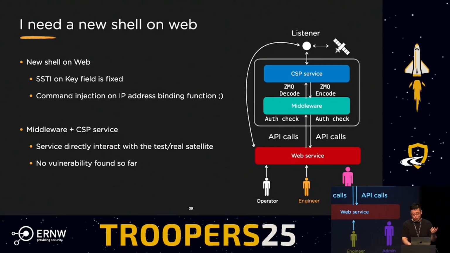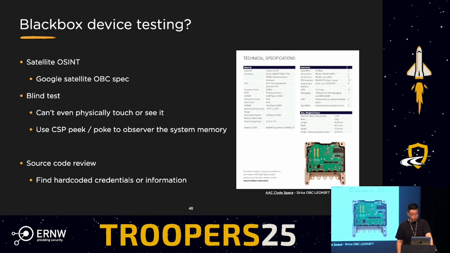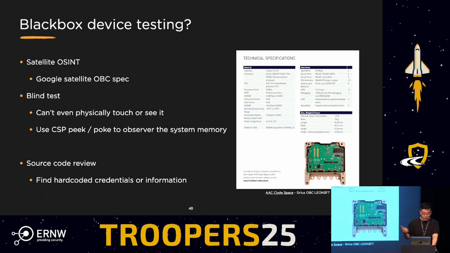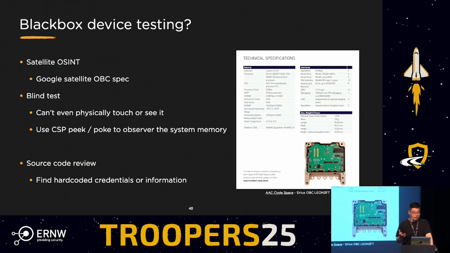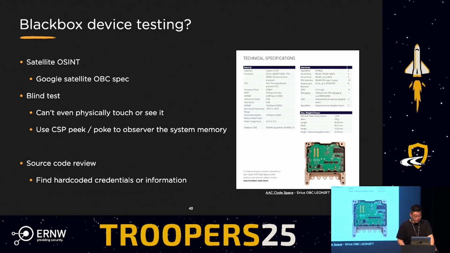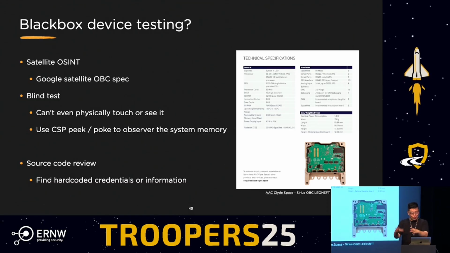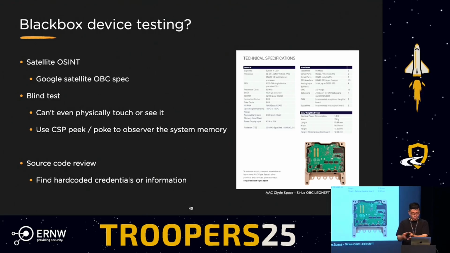But unfortunately, I couldn't find any vulnerabilities in this service. So next, I still wanted to test the device, and it became purely black box device testing. I cannot touch the device, and there's no camera for me to see what's going on if I send the command.